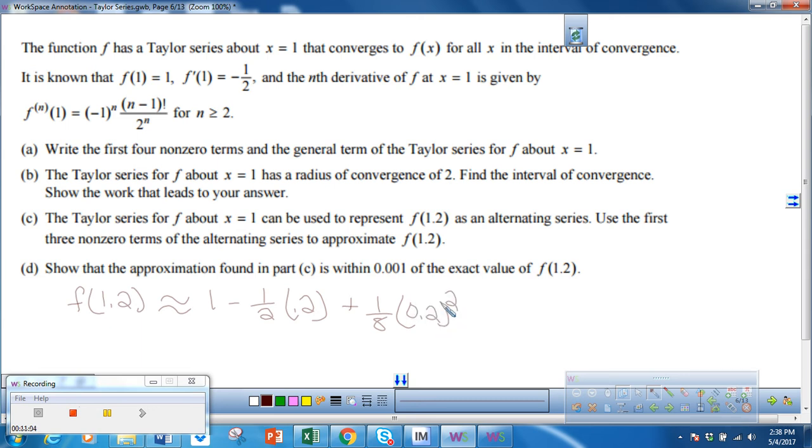And I don't think you have to simplify that any further, but if you did simplify it, you would get that that is 0.905. Sorry, my pen had to catch up with me. And that was only worth 1 point.